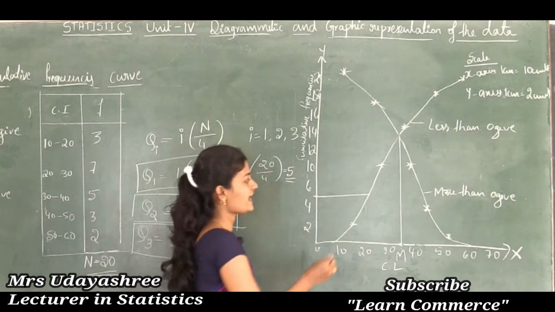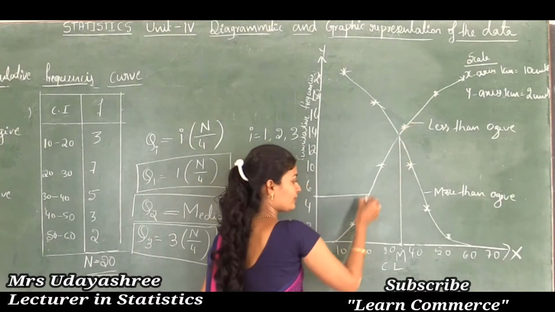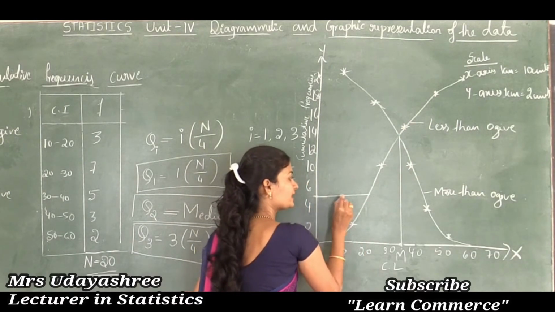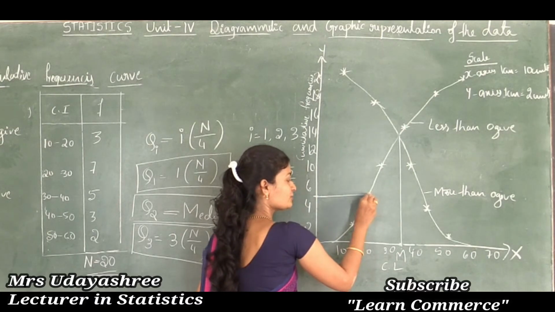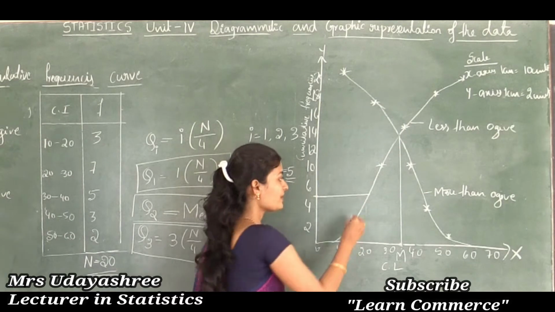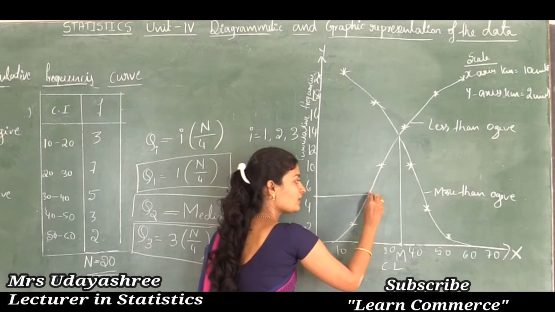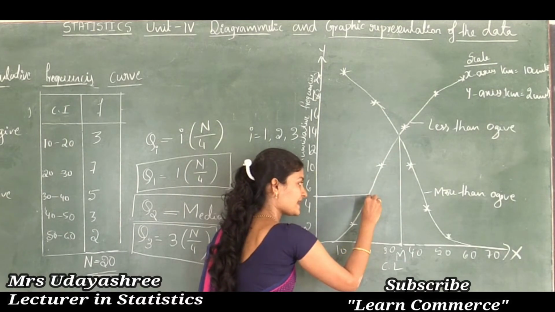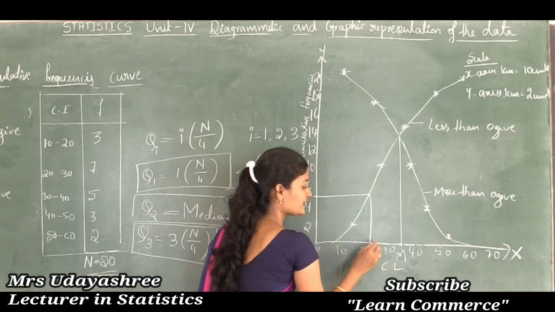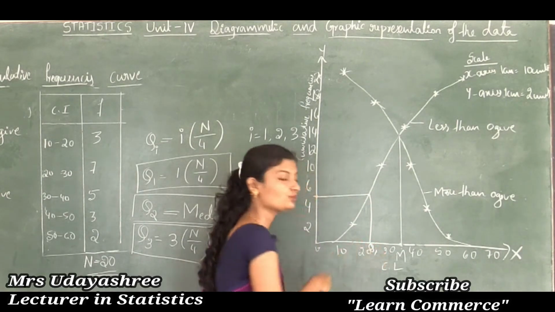From this point I will draw one line perpendicular to the x-axis like this, and this point on the x-axis will give the Q1 value.